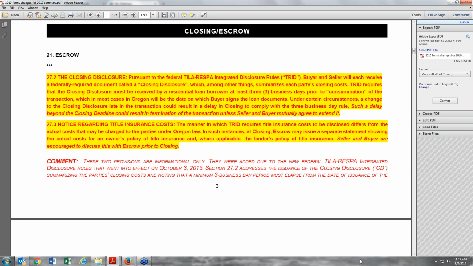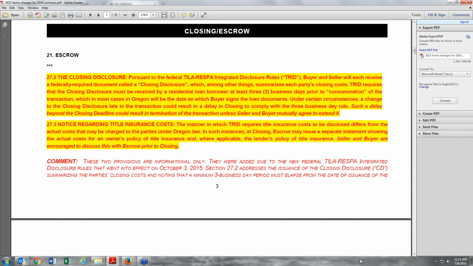And so what we're telling people here in 27.3 is talk to your escrow company prior to closing so that you can fully understand that the costs of title insurance are in fact what they were estimated to be in the closing disclosure.